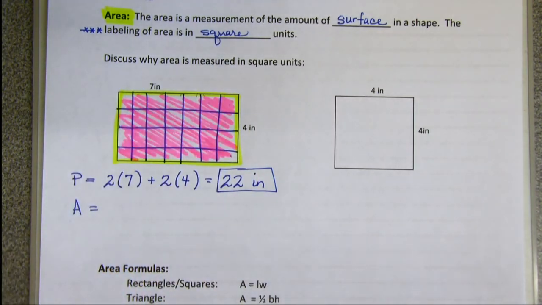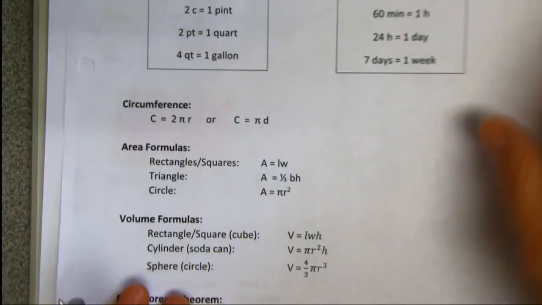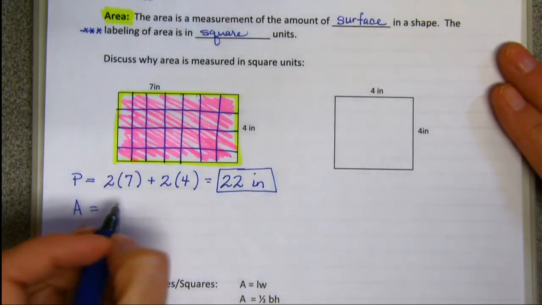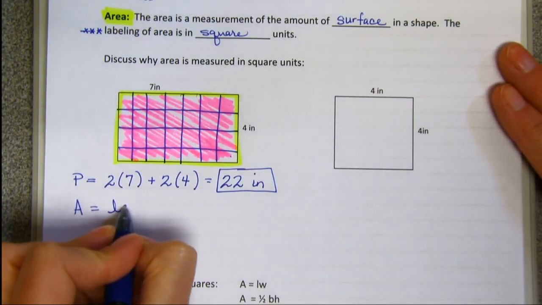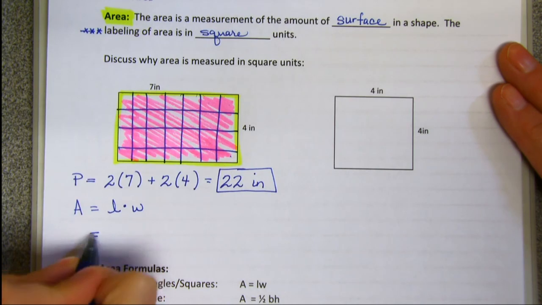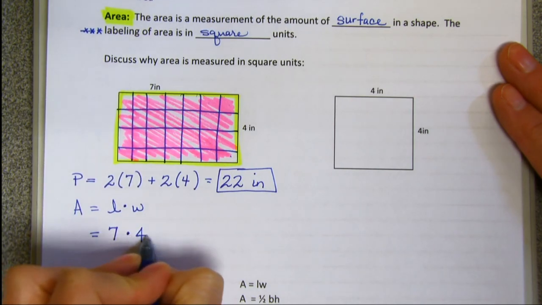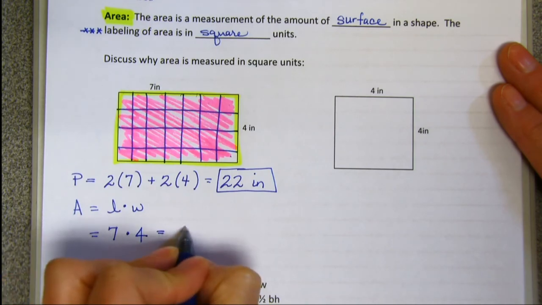But we're not always going to draw the squares and count. So this is where we use our formula. For a rectangle, it's length times width. The length is 7 inches times the width is 4 inches. 7 times 4 is 28.